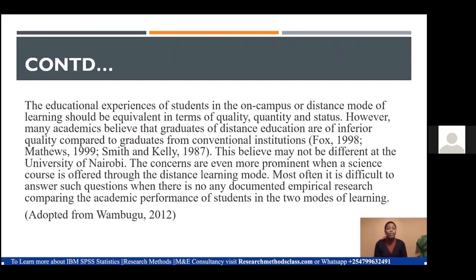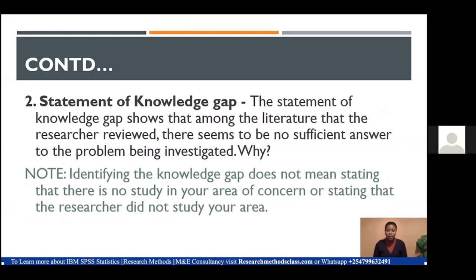So you are catching the attention of the reader that many researchers are questioning the credibility of distance learning, especially when it has to be offered for a science subject. Then why would I need to go out and investigate? That is what the statement of social need is all about.